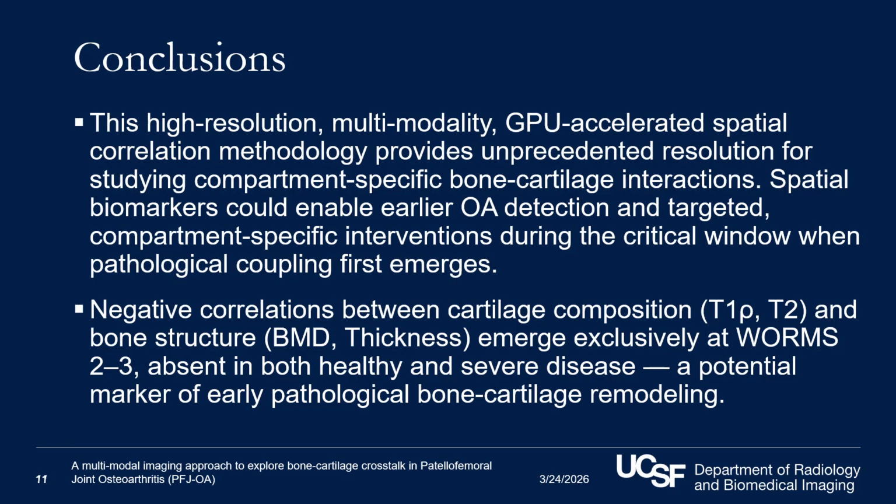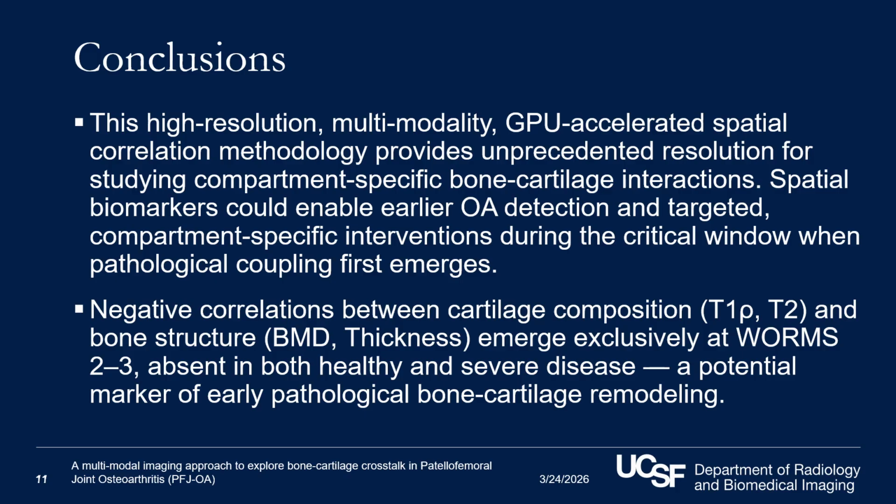Here is the conclusion. This high-resolution multimodality GPU-accelerated spatial correlation methodology provides unprecedented resolution for studying compartment-specific bone-cartilage interactions. Spatial biomarkers could enable earlier OA detection and targeted compartment-specific interventions during the critical window when pathological coupling first emerges.